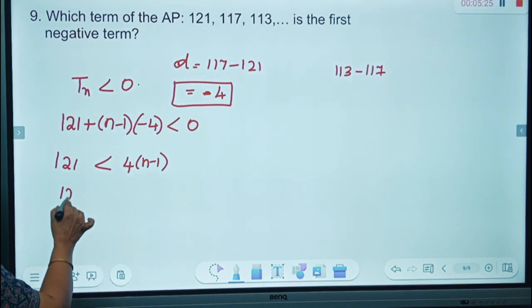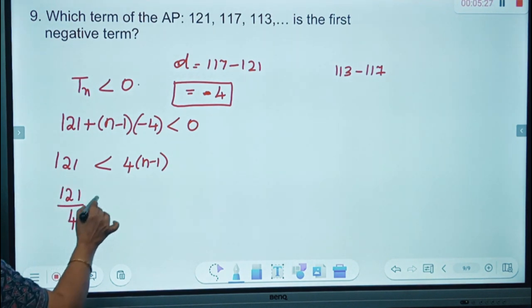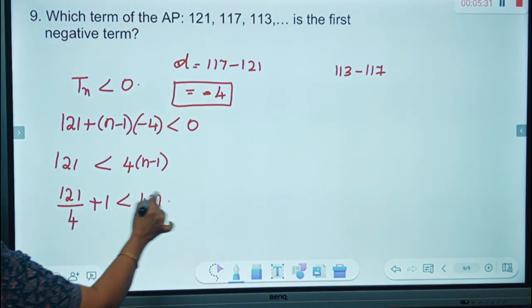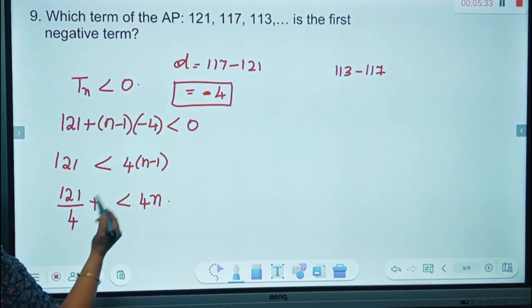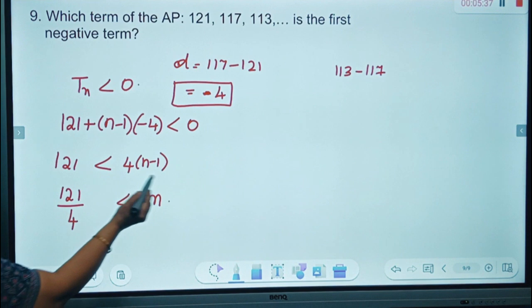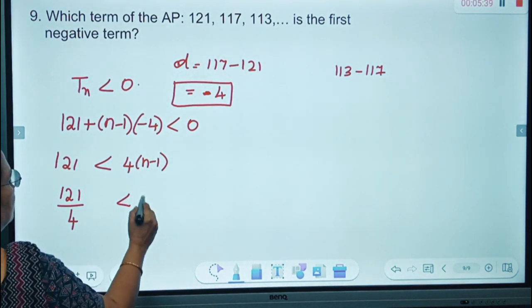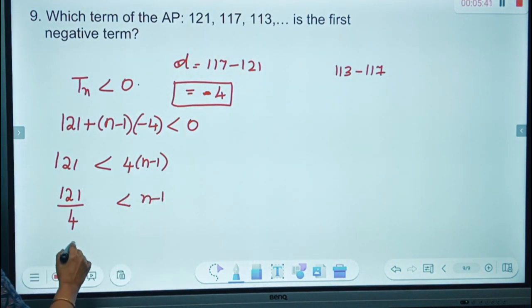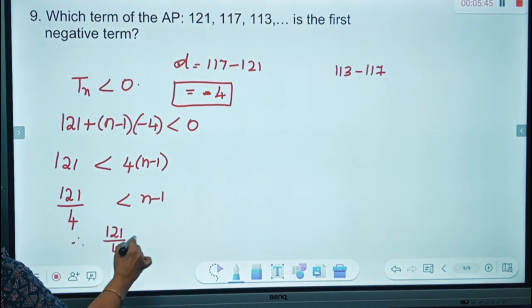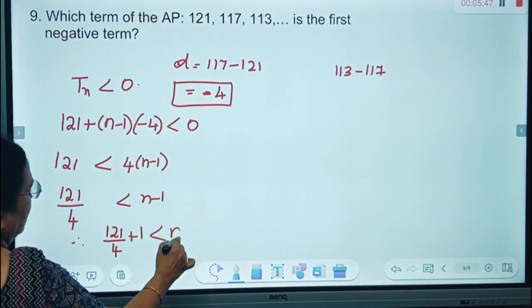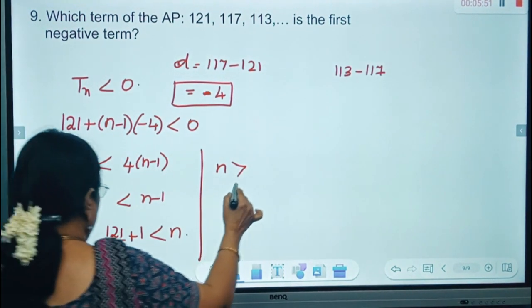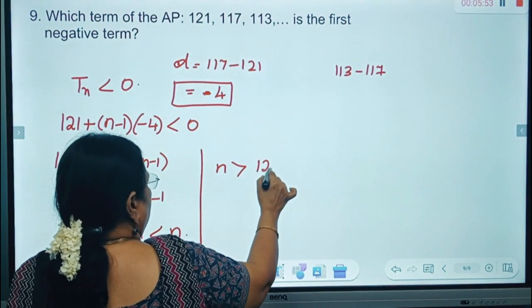Dividing by 4, 121 by 4 is less than n minus 1. Therefore, 121 by 4 plus 1 is less than n, or n is greater than 125 by 4.